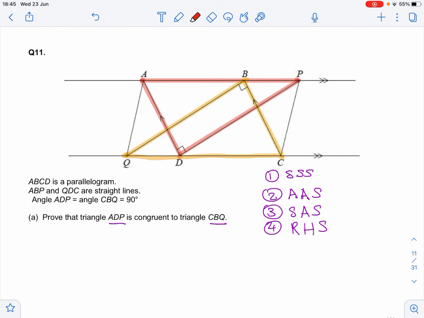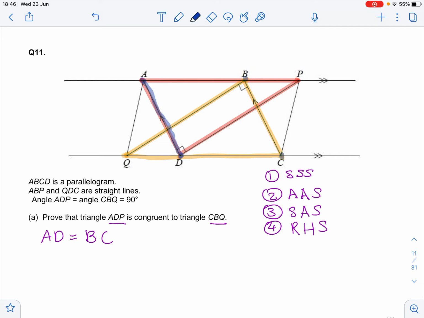So firstly, I can see that ABCD is a parallelogram. Therefore, we can say that AD is equal to BC, because opposite sides of a parallelogram are equal, as you can see here.